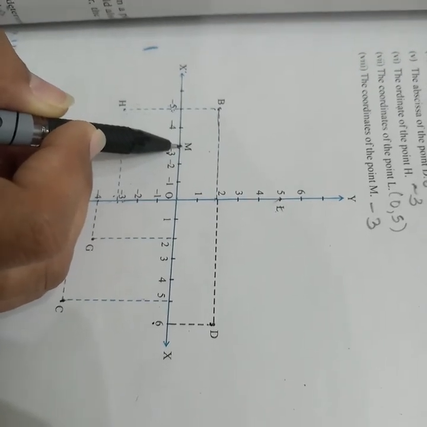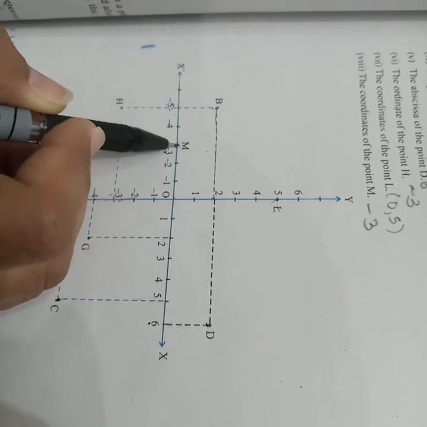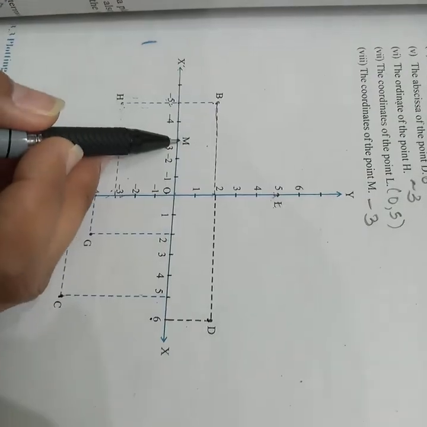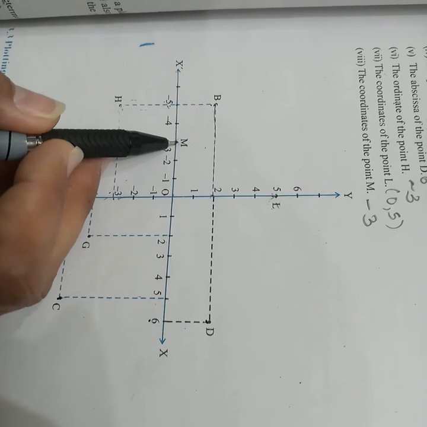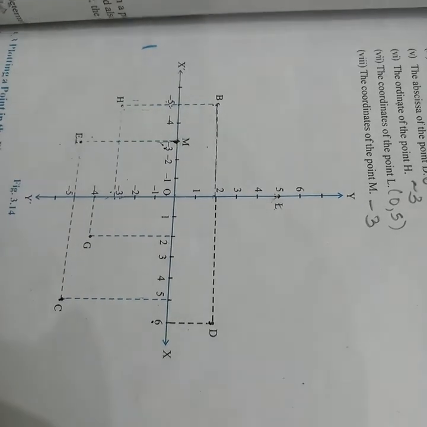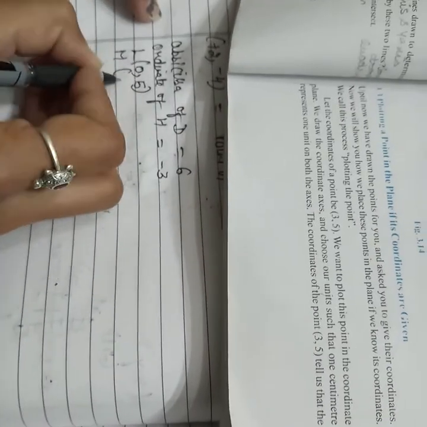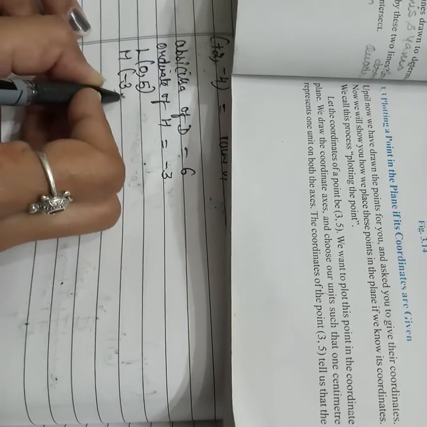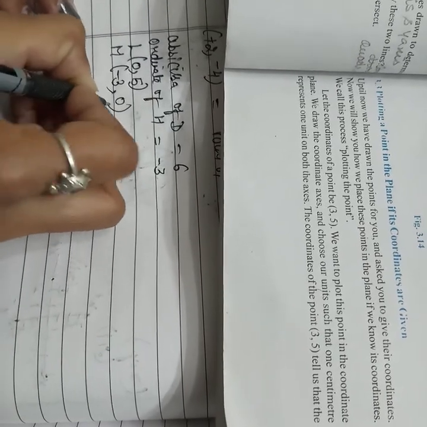When the point is on the x-axis, then y is 0. And when the point is on the y-axis, then x is 0. Similarly here on the x-axis, so y is 0 and x is -3. Therefore the coordinate of M is x is -3 because this point is on the x-axis, therefore y equals 0.